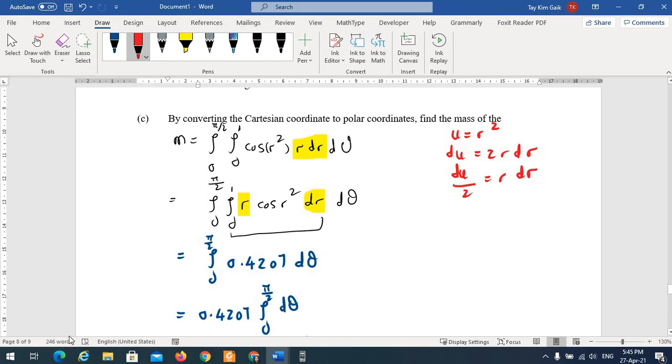Okay, so your integration, I didn't put up the limit. The integration of cos r squared r dr becomes, r squared replaced by u, so cos u. r dr is actually du divided by 2, so you have half cos u du.